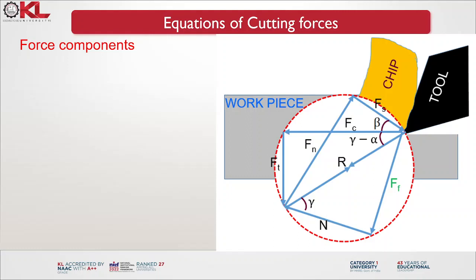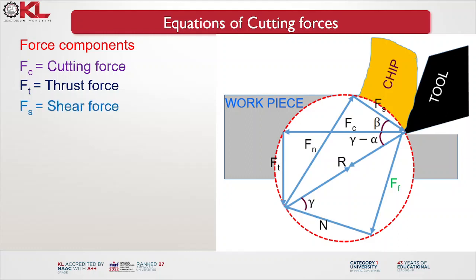Once again, let me brush up on the different force components. Fc is the cutting force, the main cutting force acting on the workpiece by the tool. Ft is the thrust force acting in the vertically downward direction on the workpiece. Fs is the shear force, acting on the shear plane.